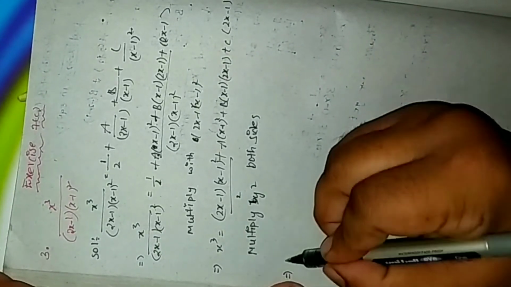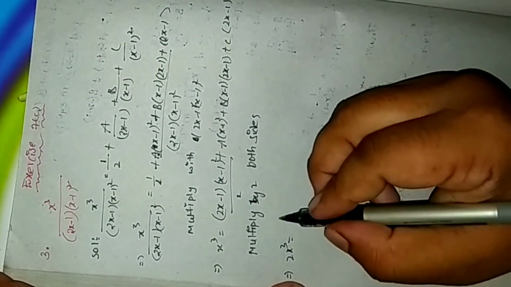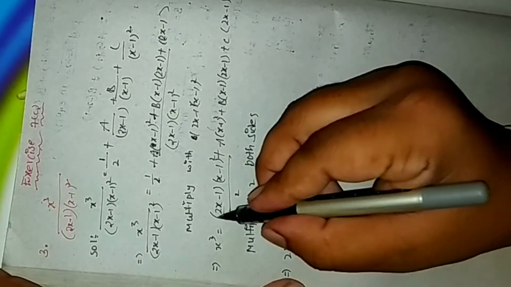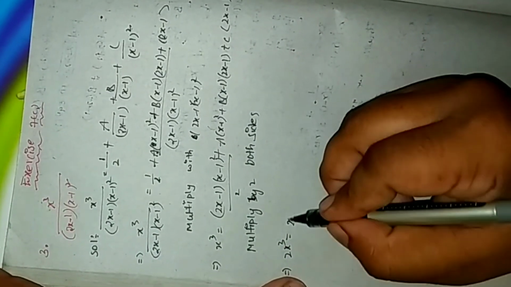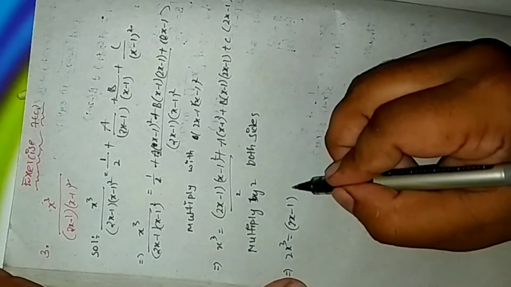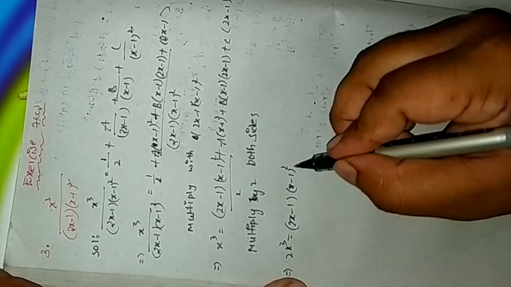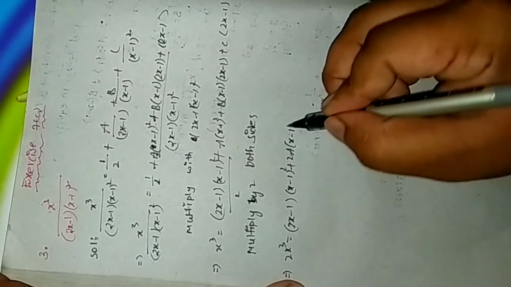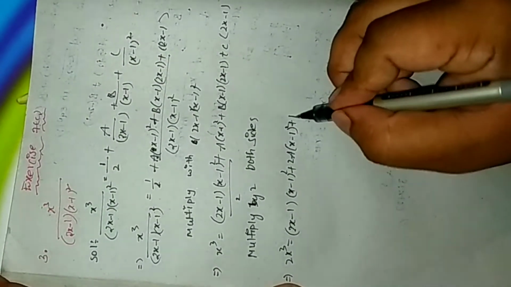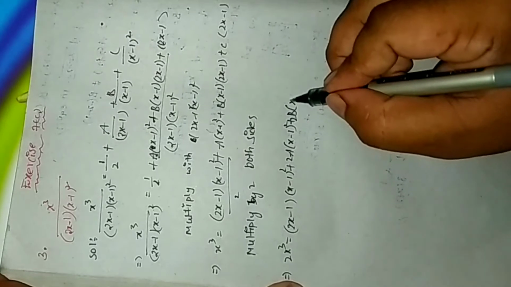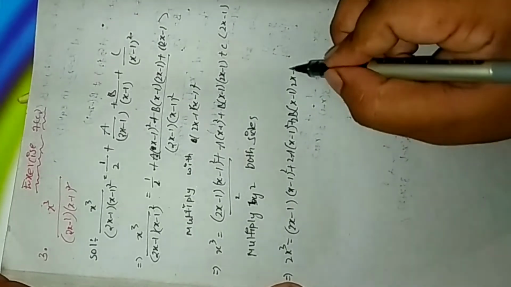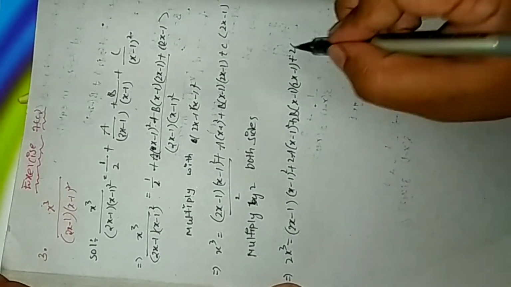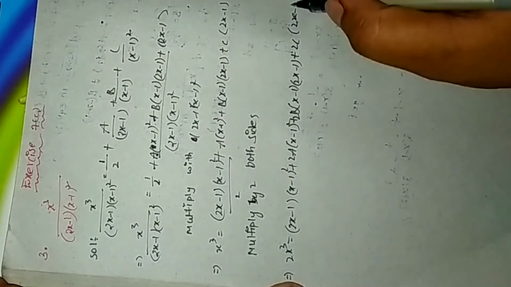So 2x cube is equal to (2x minus 1)(x minus 1) whole square plus 2a of (x minus 1) whole square plus 2b of (x minus 1) into (2x minus 1) plus 2c of (2x minus 1), and put it as equation number 1.